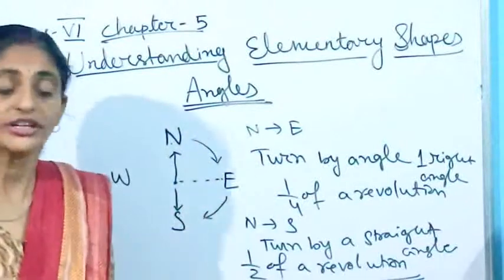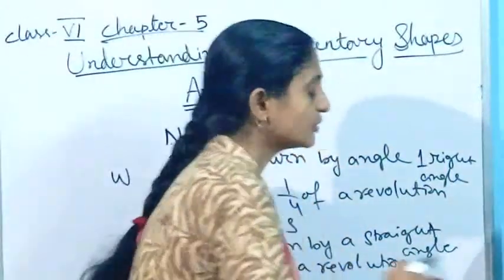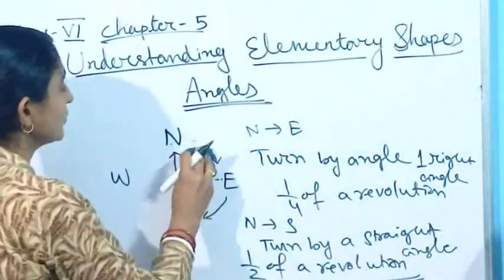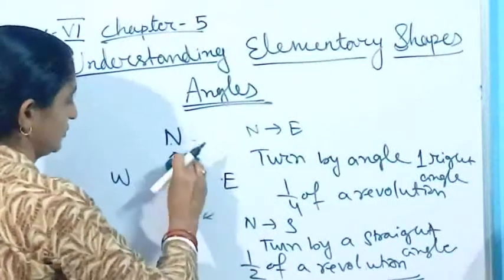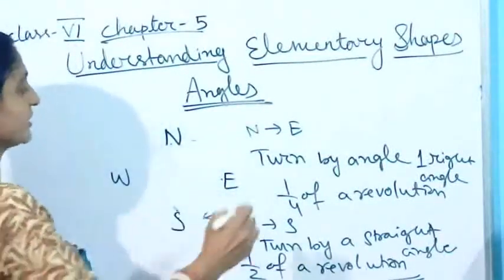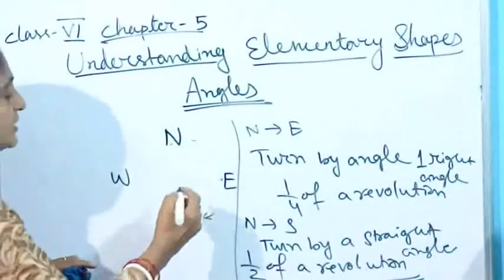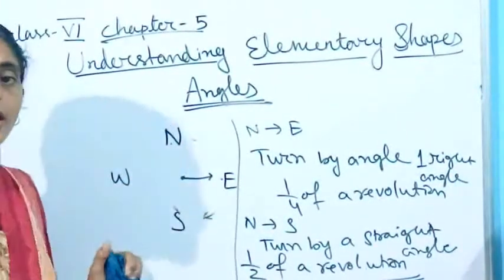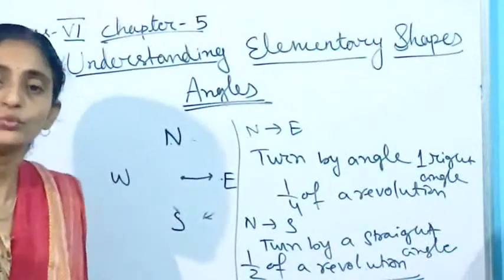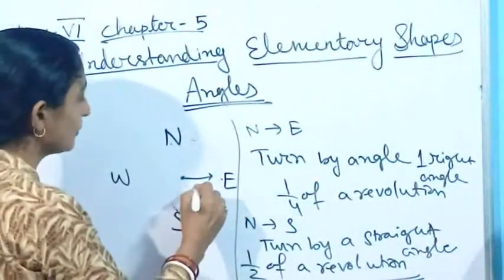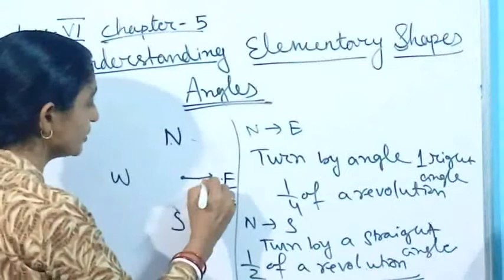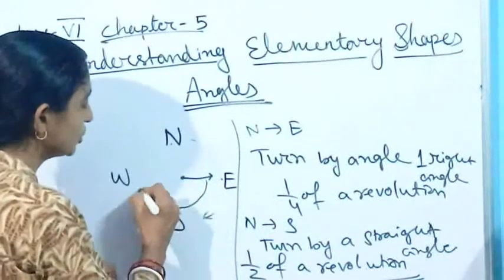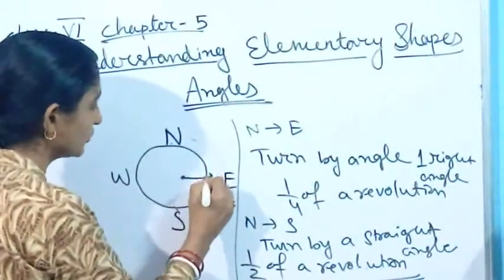So this is the concept if you are turning like that. Okay, now let me tell you one thing. Now you come to the second case. Suppose you are facing towards the east, and you have completed one revolution. If you complete one revolution, from east you come to south, then west, then north, then again you come to the east.